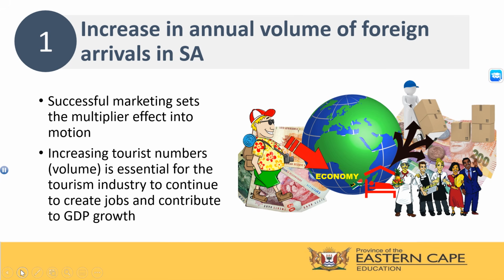So the multiplier effect is going to be set into motion. And then when you have successful tourism businesses, they will need to employ more people, and therefore that is directly linked to job creation. And at the end of the day, you will find that tourism contributes a greater amount to the GDP growth, and therefore that is an example of successful marketing.